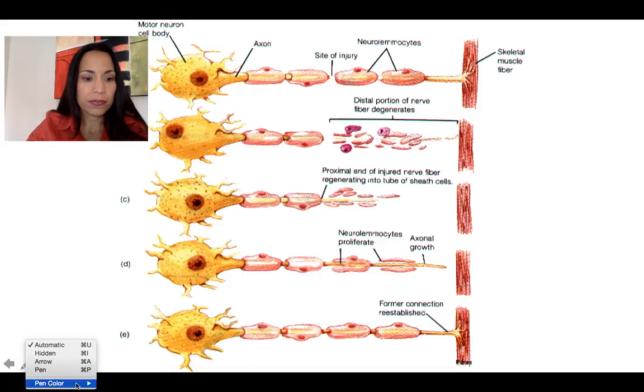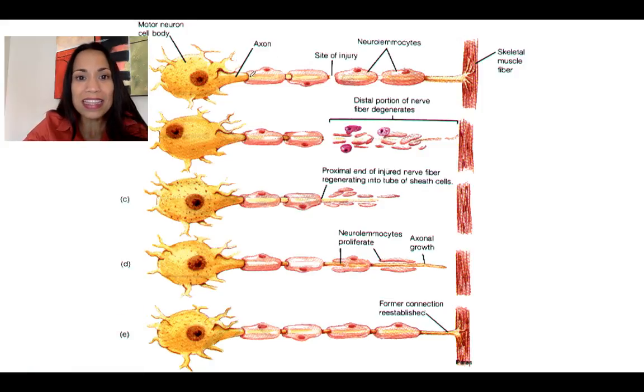So if in the peripheral nervous system only the axon is injured because of an accident or any type of trauma that can section an axon, what is going to happen is that the area distal to the injury, this portion of the axon, is going to be eliminated by macrophages.